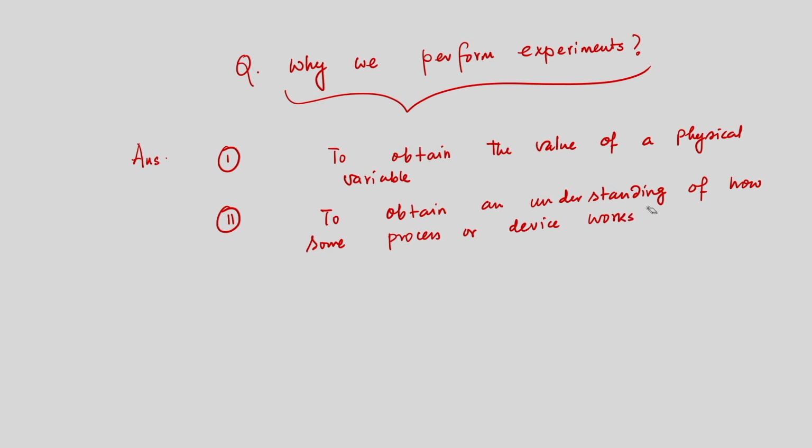So this is the second objective. That means, if we do not do experiments, we won't be in a position to know the working principle of a process or device.